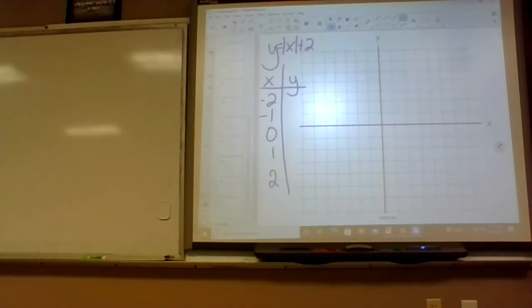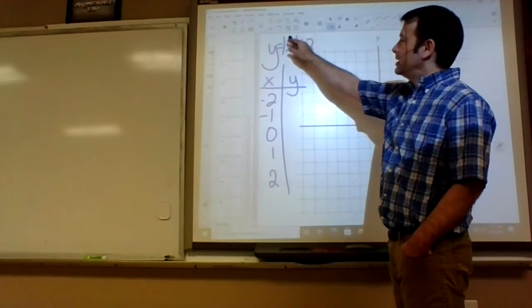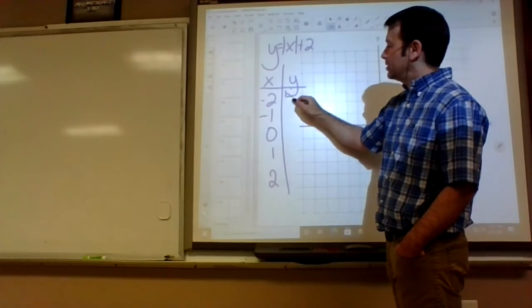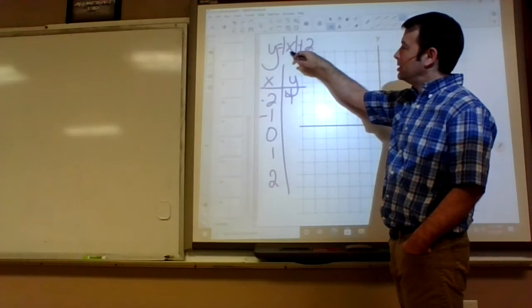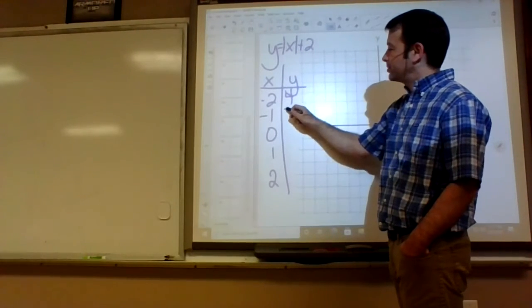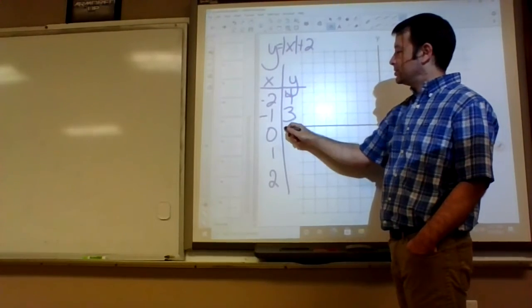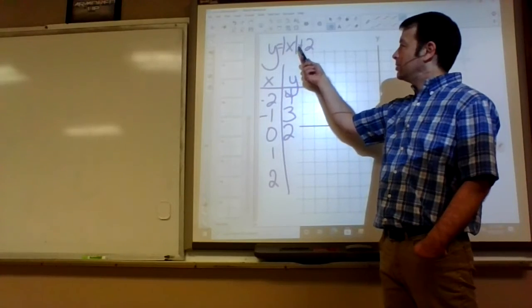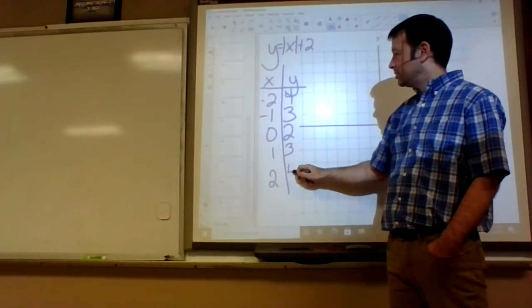If I plug in -2, the absolute value of -2 is 2, plus 2 is 4. If I plug in -1, absolute value of that is 1, plus 2 is 3. If I plug in 0, 0 plus 2 is 2. And if I plug in 1, 1 plus 2 is 3. If I plug in 2, 2 plus 2 is 4.